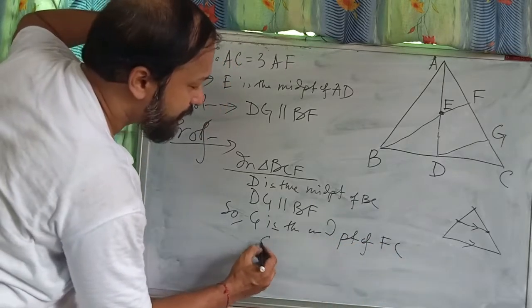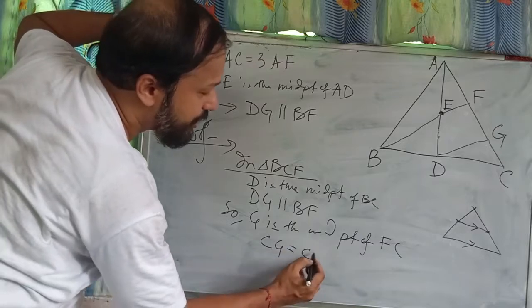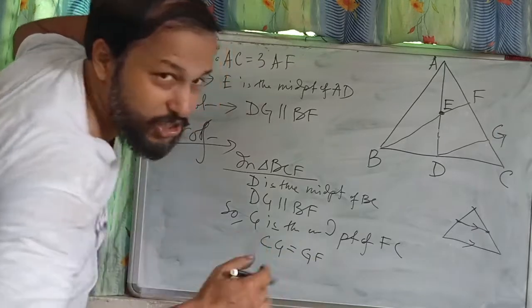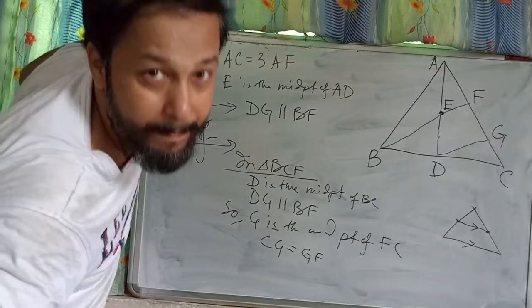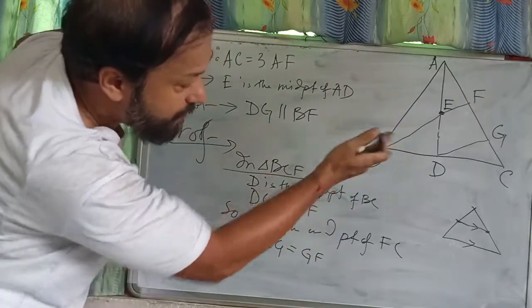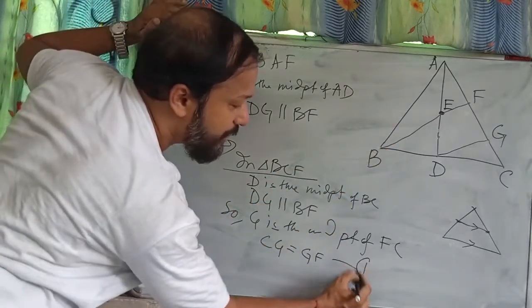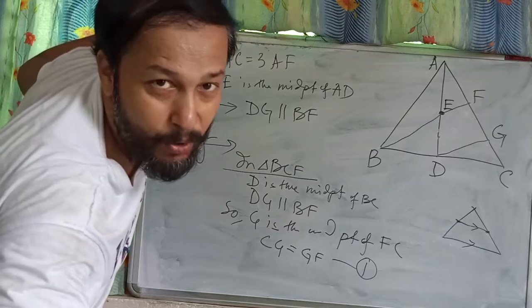That means CG equals GF, because G is the midpoint of CF. That is equation number 1.